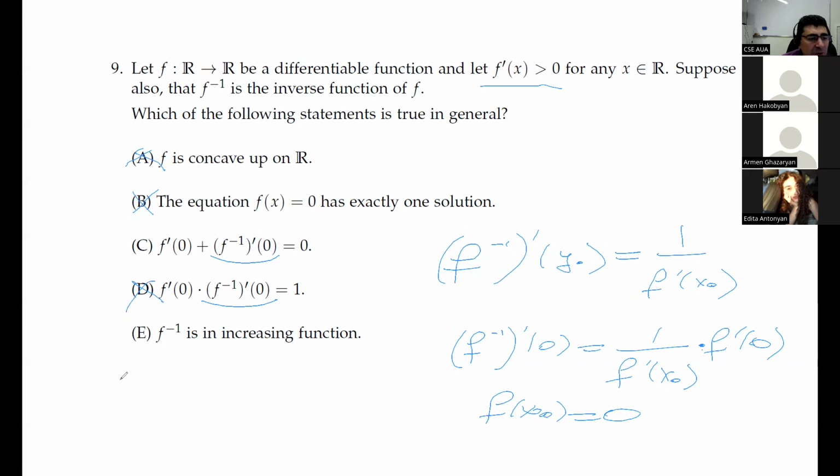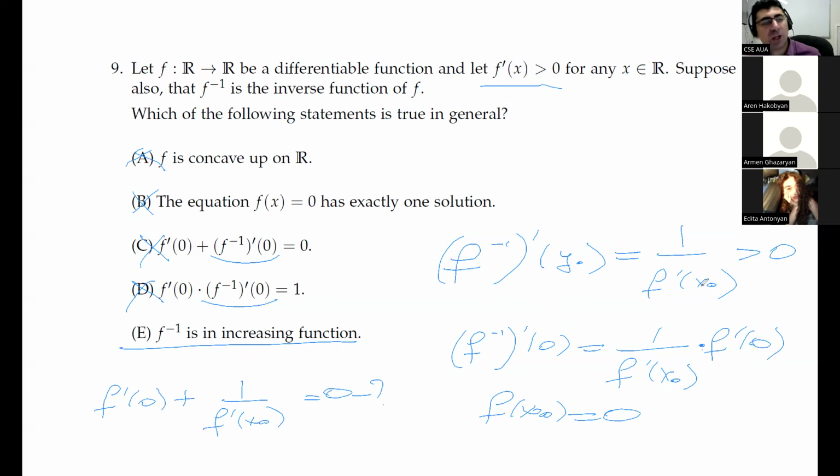About the sum, f prime 0 plus 1 over f prime x0 is 0. Why should it be 0? There is not any information about function f. Can we say the inverse is increasing? Yes, we can, because f prime is positive.